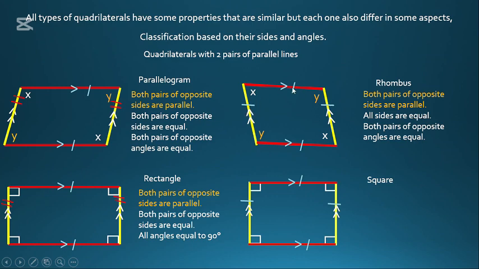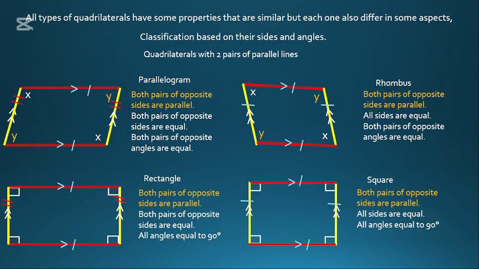All four sides of the rhombus are equal. But the opposite angles are equal, and both pairs of parallel sides are parallel.